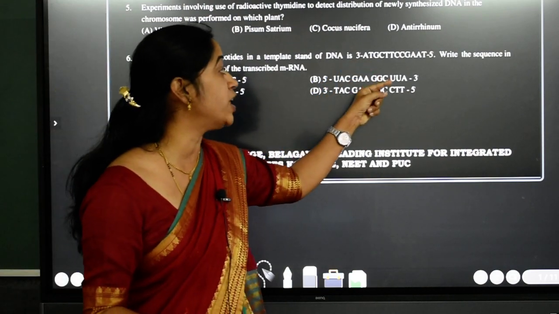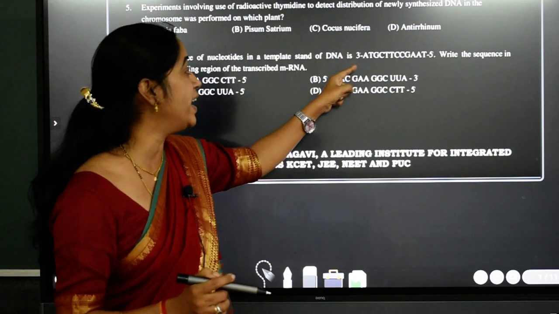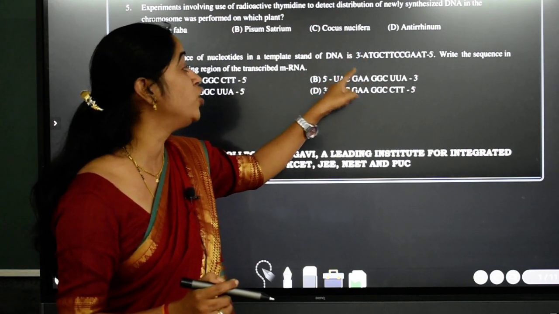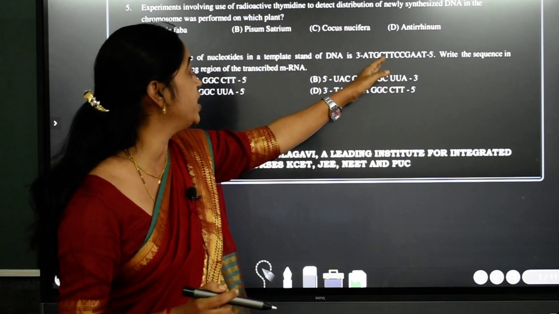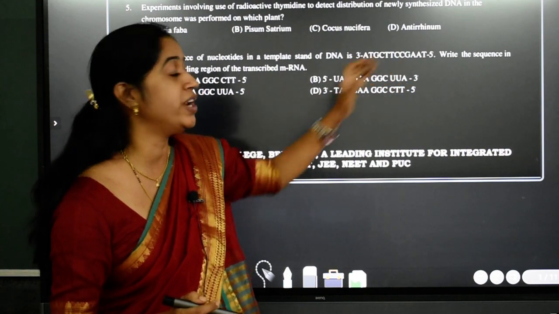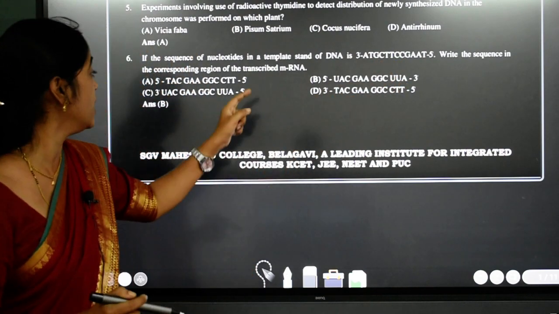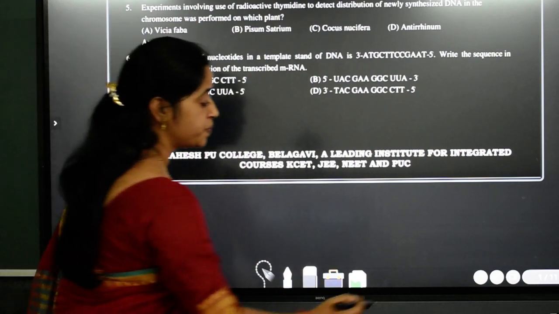So when you check for the transcribed strand, it becomes 5' A will pair with U, not with T. So it will become UAC, GAA, GGC, UUA, 3'. So the answer here is B for the sixth question. Let us go to the next questions.